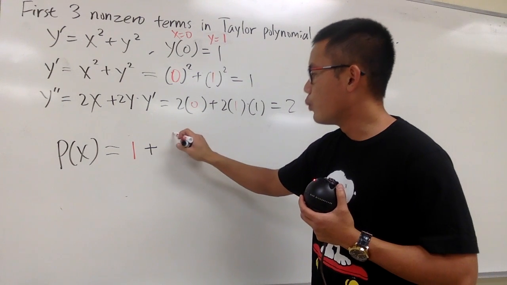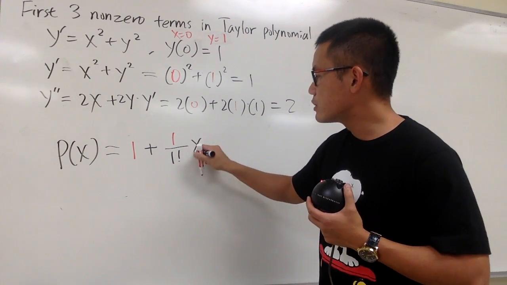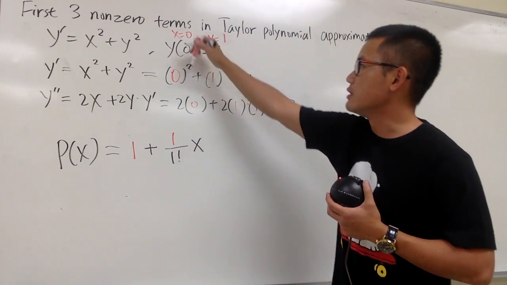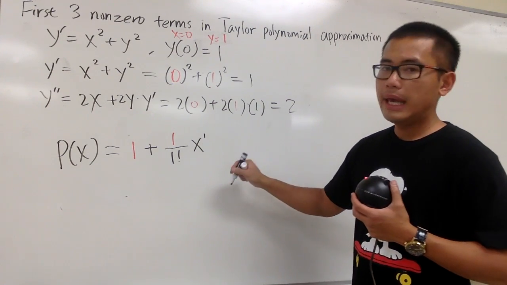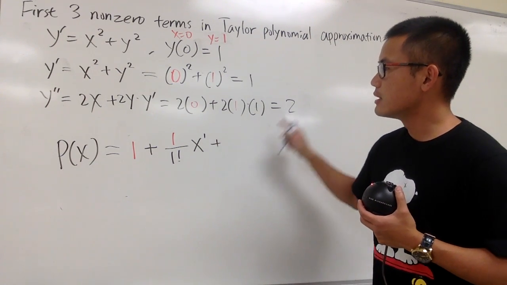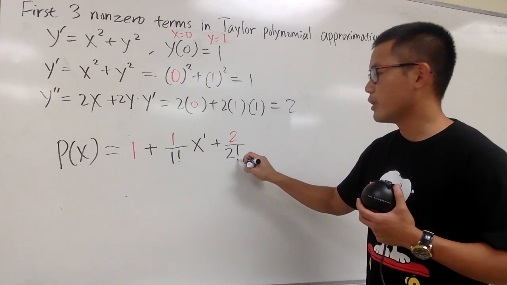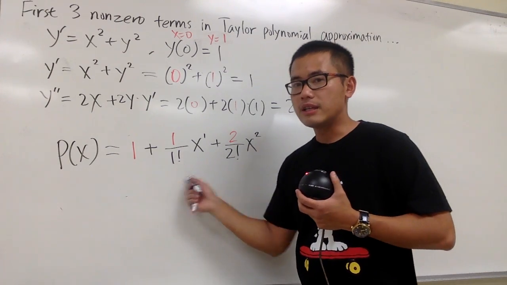We put down 1 over 1 factorial times x minus 0, which is just x, because the center is 0, right? Just x to the first power. And the next one is plus the second derivative on the top here over 2 factorial. And then this is x squared term. First, second, third, we are done.